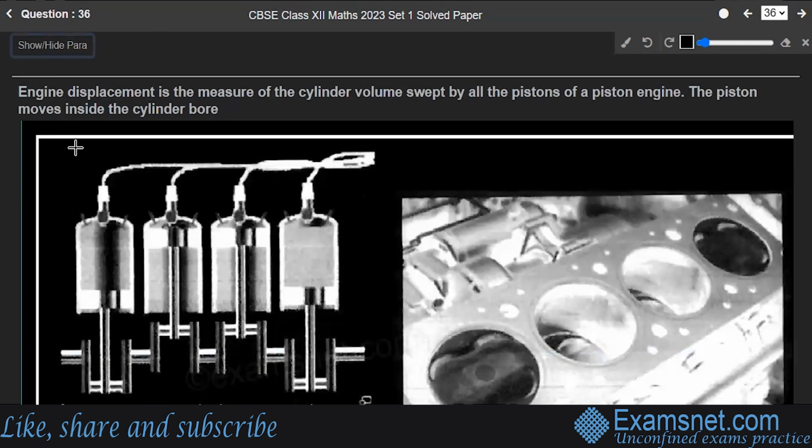So, okay, here you have an engine displacement. Let's read about this first. Engine displacement is the measure of the cylinder volume swept by all the pistons of a piston engine. The piston moves inside the cylinder bore like this, up and down.